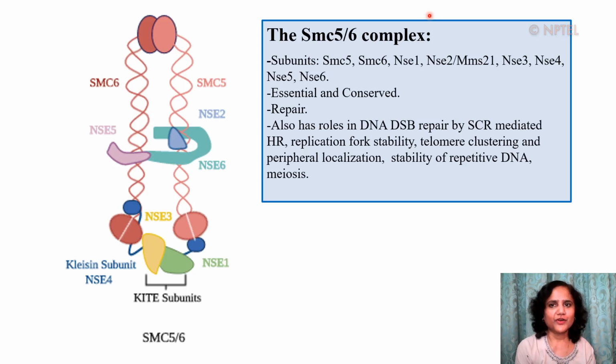It's important for replication fork stability and also for telomere clustering and the peripheral localization of telomeres, and also it's important for stability of repetitive DNA in cells. The SMC5/6 complex also is important for meiosis.